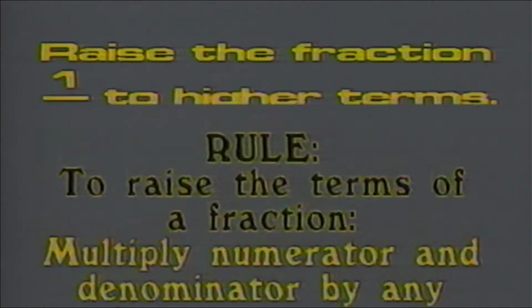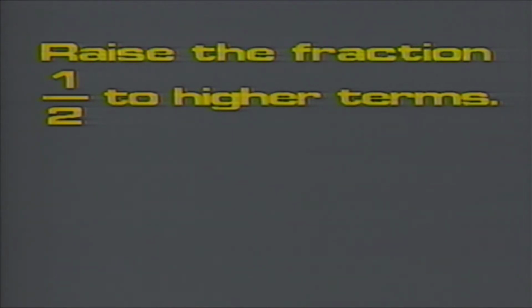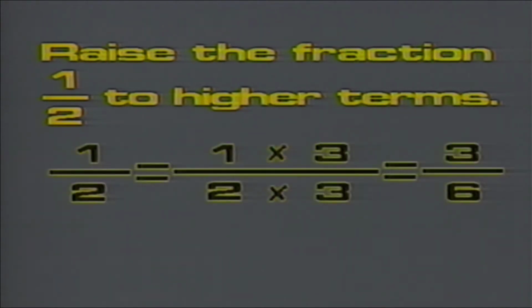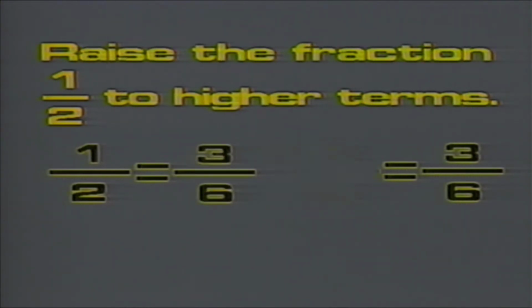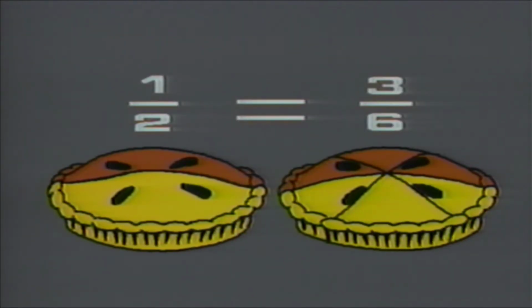For example, let's raise the fraction 1/2 to higher terms. Multiply numerator and denominator by 3. This results in the fraction 3 over 6. 1/2 equals 3 over 6.